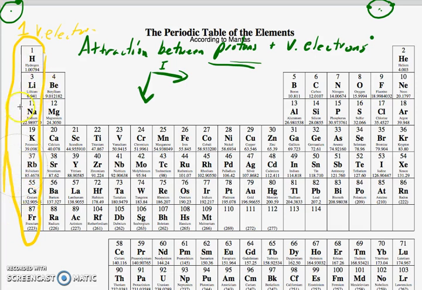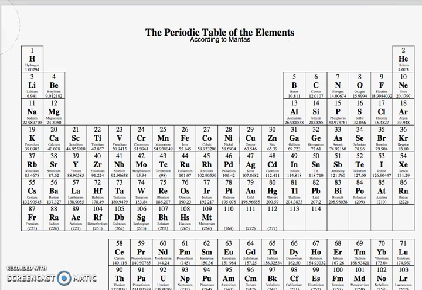And the repelling force from those added inner electrons, even though we added extra protons, means attraction goes down. So we have a decrease in attraction as we go down. So we have an increase in attraction this way. We have a decrease in attraction this way as we go downward. Okay, so that was the attraction trend.